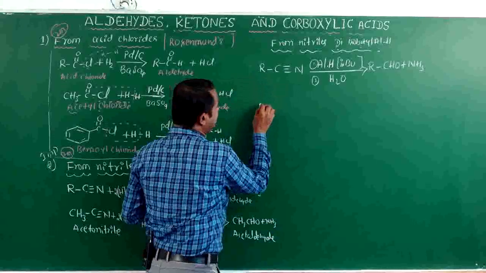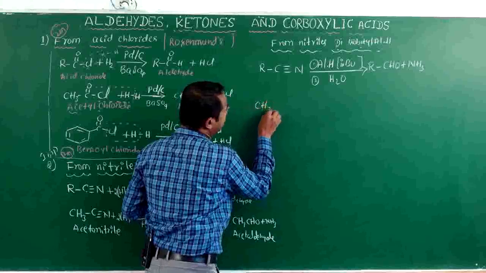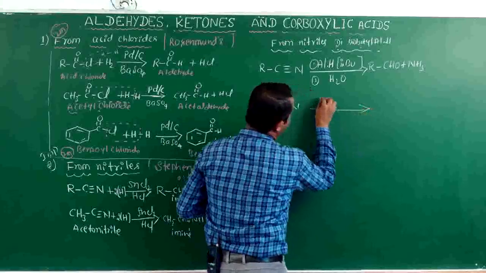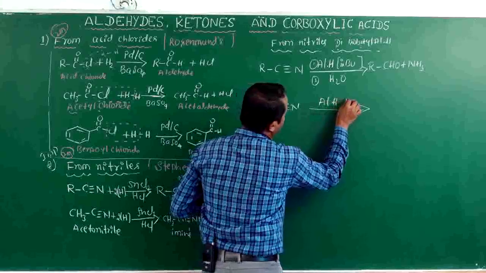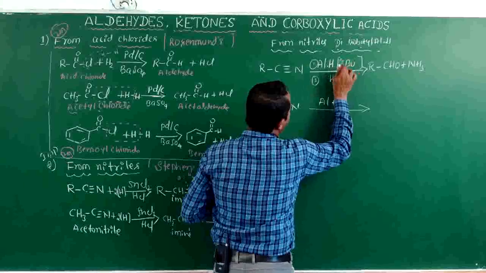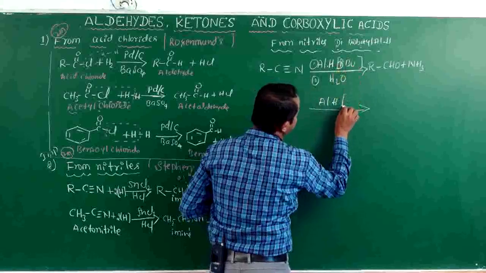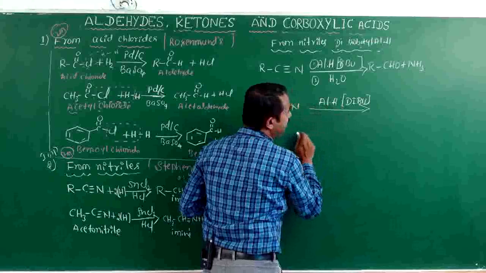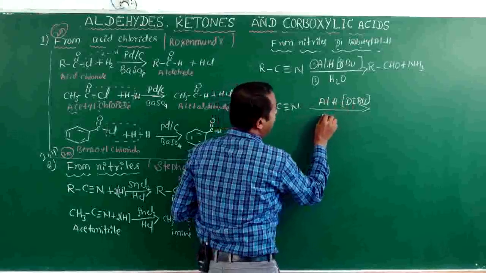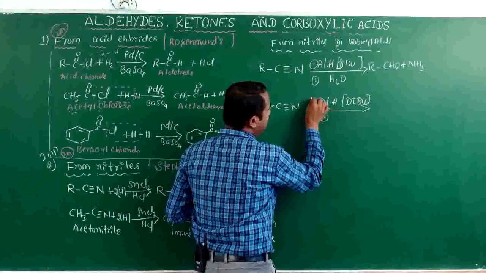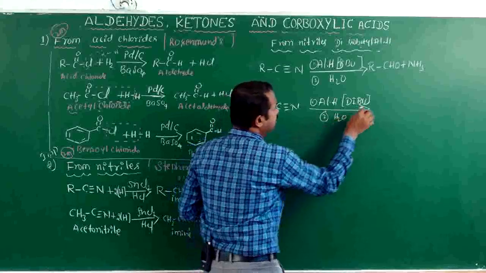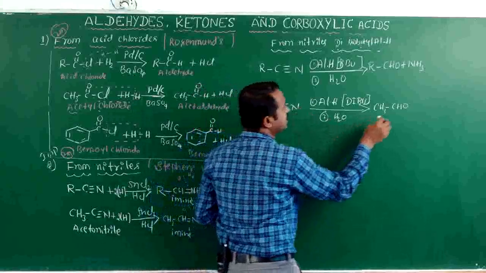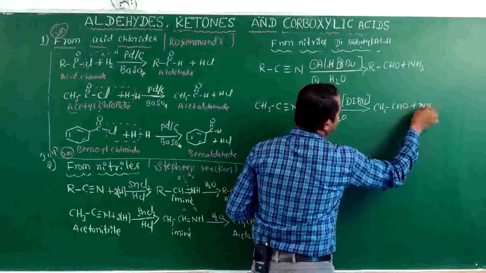Here is another example, I will take CH3CN. It reacts with diisobutyl aluminum hydride to form imine, which undergoes further hydrolysis to form CH3CHO, and the byproduct is ammonia.